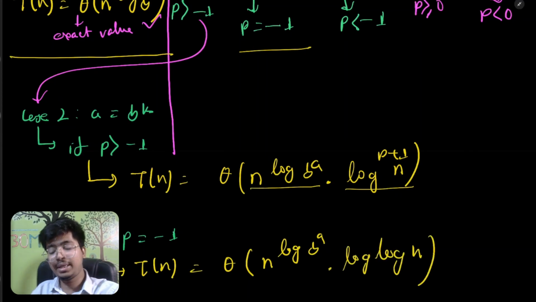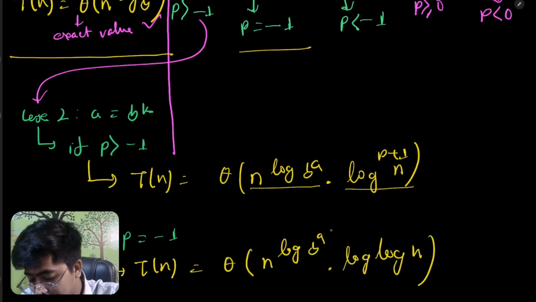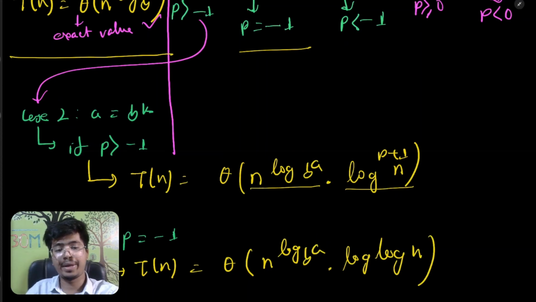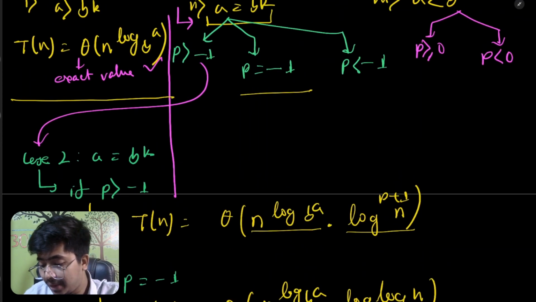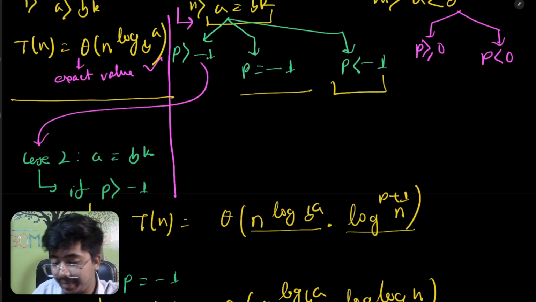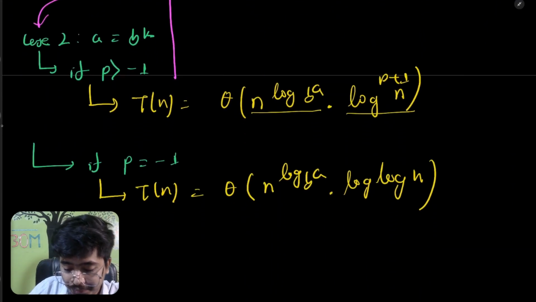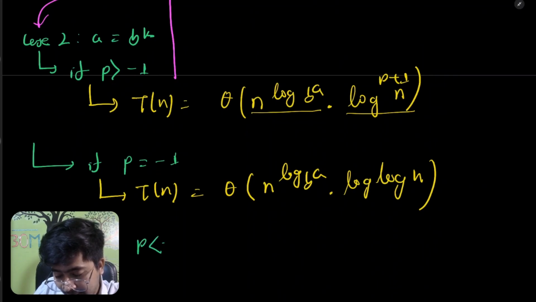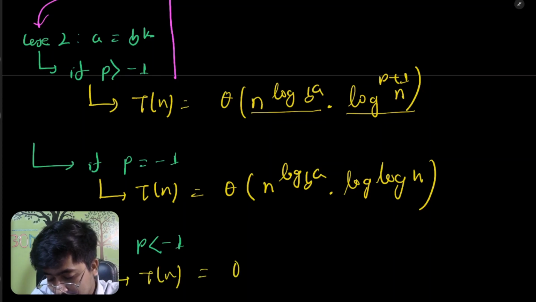So this is the condition when p equals -1. Now the formula when p is less than -1: inside case 2, if p is less than -1, then T of n will be equal to theta of n to the power log a base b.